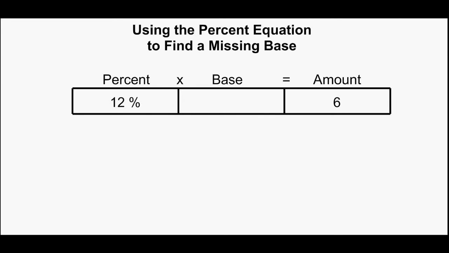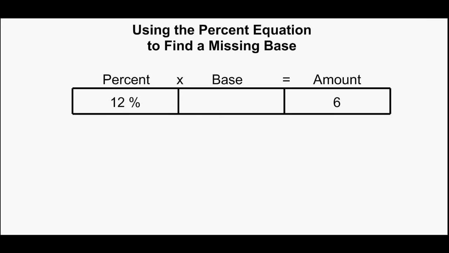Now, let's look at using the percent equation to find a missing base. The percent equation, percent times base, equals amount. Notice in our example, we are given the percent, 12%, and the amount, 6. We are missing the base. The base is a factor.